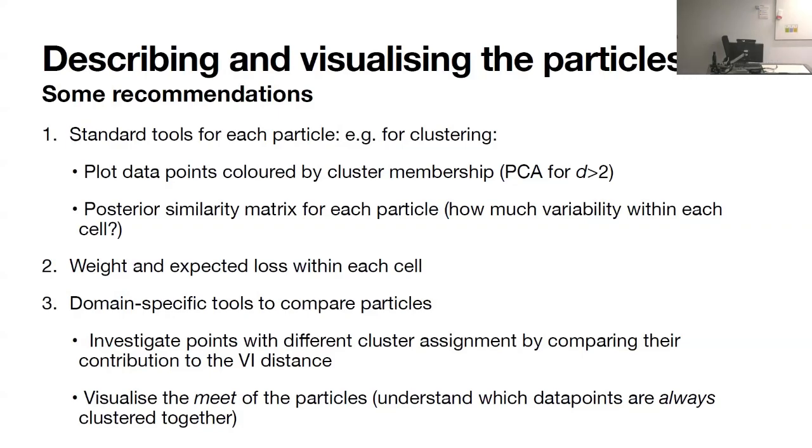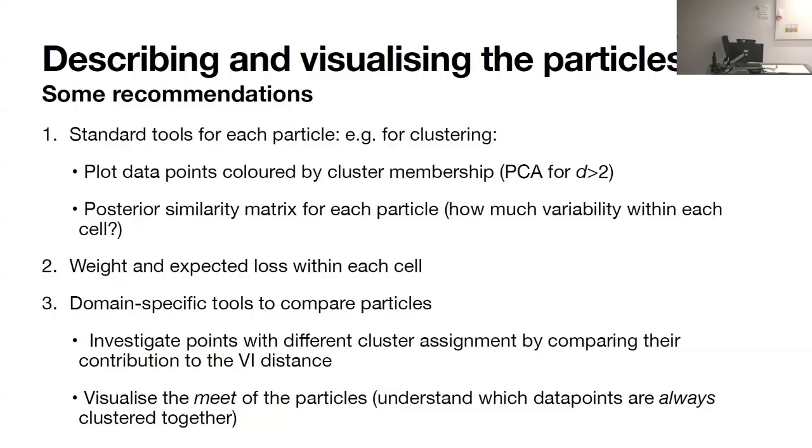So once we have these particles, we talk about different recommendations to visualize them. In the example of clustering, for each one, we can again use standard tools, just plot the points colored by cluster membership. For D bigger than 2, this is usually in some lower dimensional space.